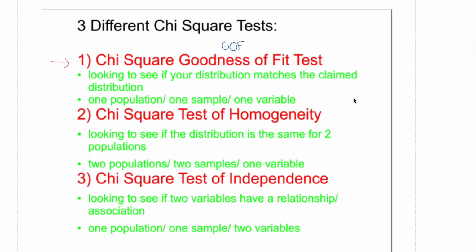Those are the 2 key statements we have to pay attention to, and those are keywords that can help us find out, okay, this question needs a chi-square test instead of a z-test or t-test.